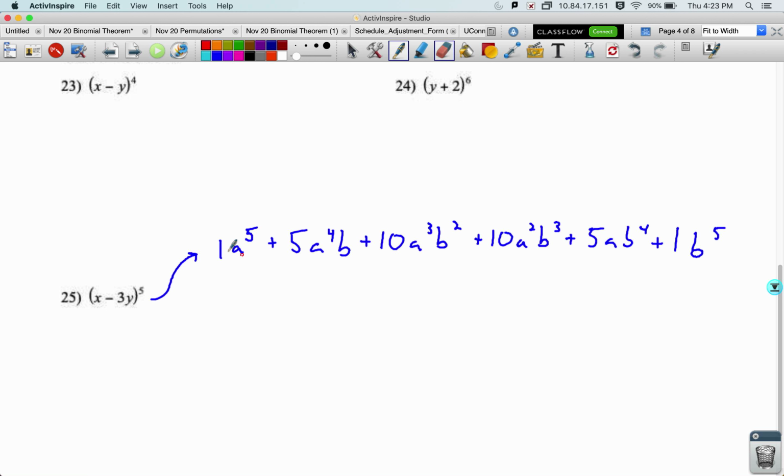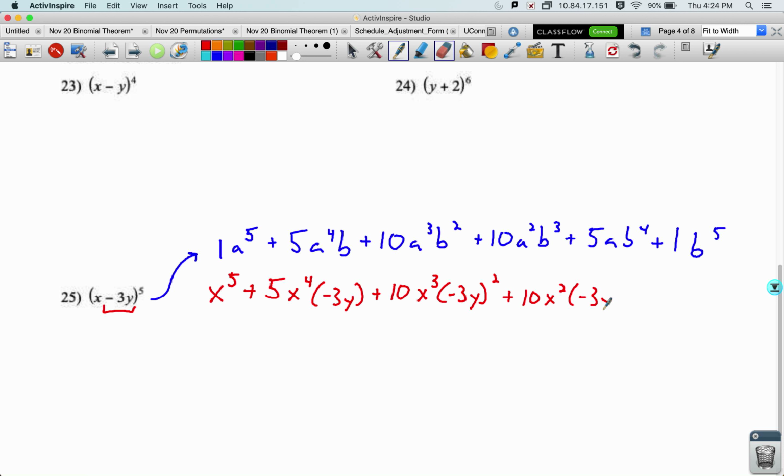All right, so x is going to replace a, -3y is going to replace b. And I'll try to simplify a little bit on the fly here. x to the 5th plus 5x to the 4th, -3y plus 10x cubed, -3y squared, plus 10x squared, -3y cubed, plus 5x, -3y to the 4th, plus -3y to the 5th.